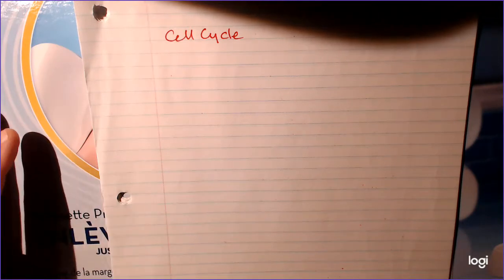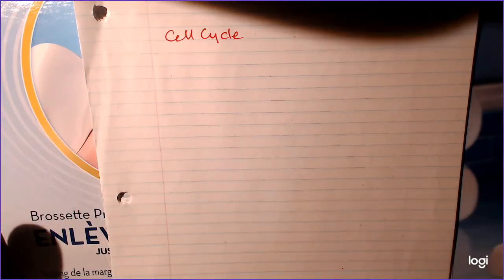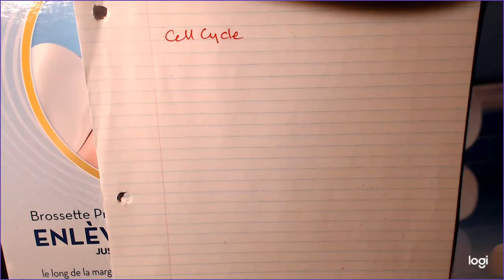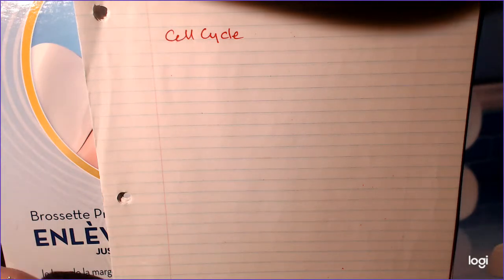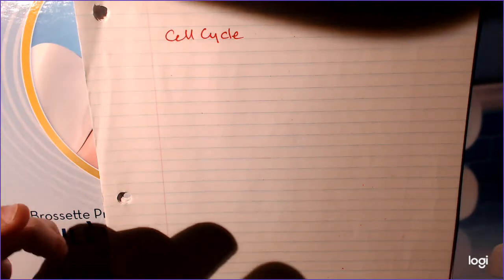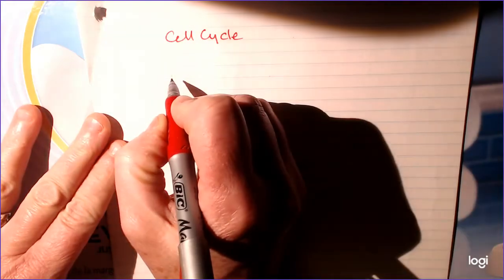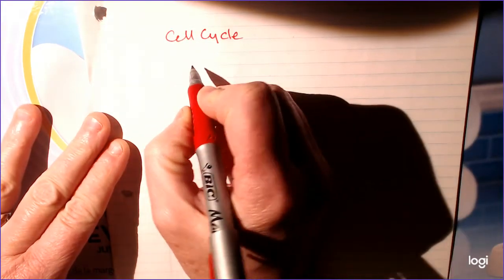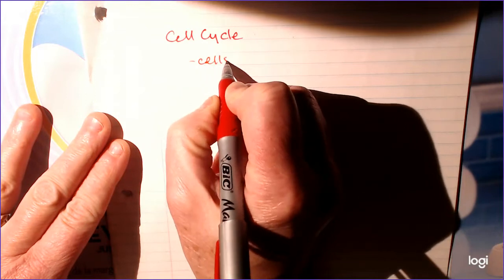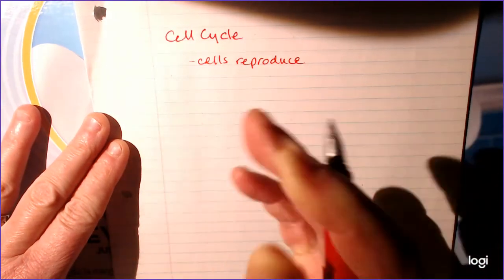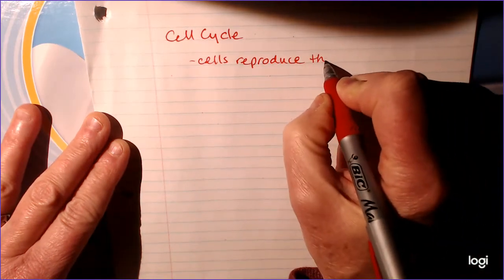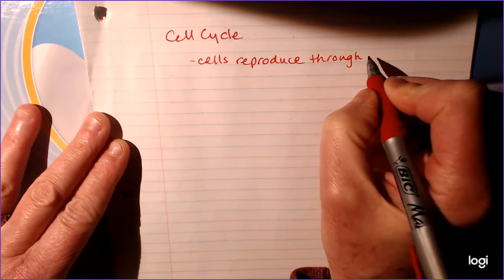So basically what happens is it's called a cycle because cells will continuously do this. Now, if we're talking about something like a nerve cell in humans, nerve cells don't go through this cell cycle for the rest of their lives, but a lot of our cells do. Okay, so the cell cycle basically is, so cells reproduce. I would normally be doing this on the board with you guys, so I figured this was the best way to do this.